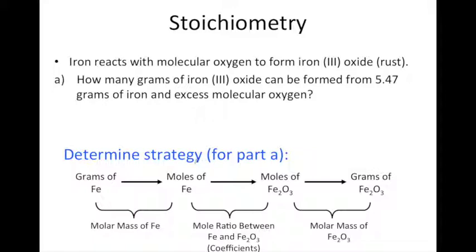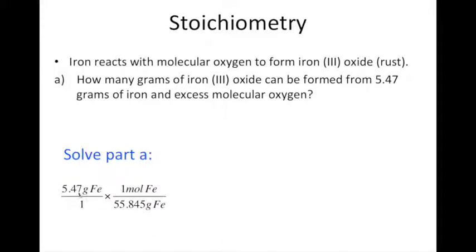But I want to reiterate: for any type of stoichiometric calculations involving chemical reactions, you're always going to need to use that ratio given by your balanced chemical equation, the stoichiometric relationship given by those coefficients. So let's set this up. Let's start with our grams of iron, and let's convert that to moles of iron using the molar mass.